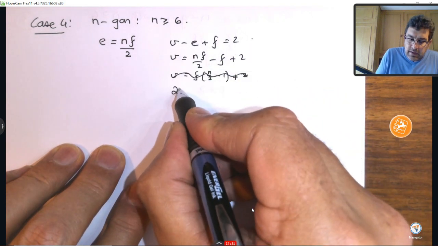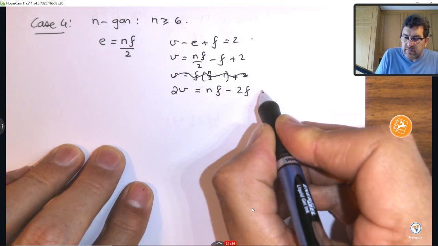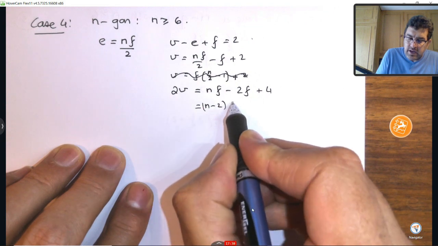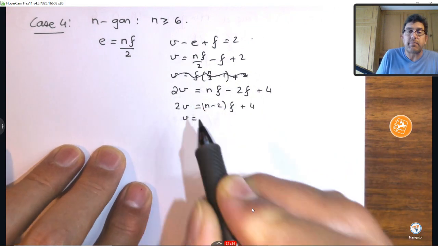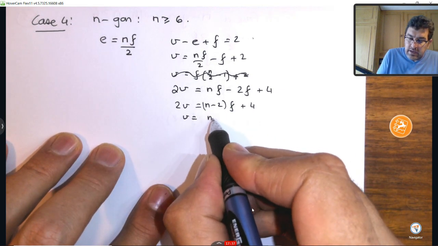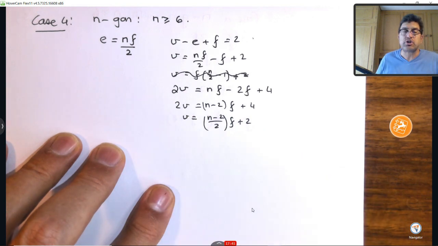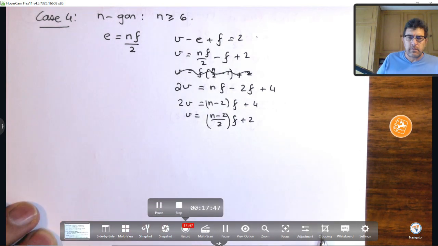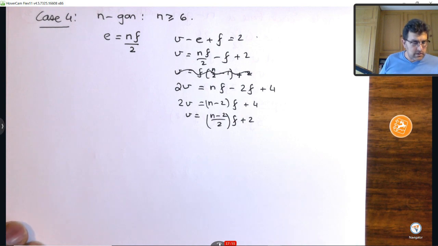So let's double up. 2v equals nf minus 2f plus 4. So 2v will bring about v as (n minus 2)f plus 4, all over 2, as my number of vertices.